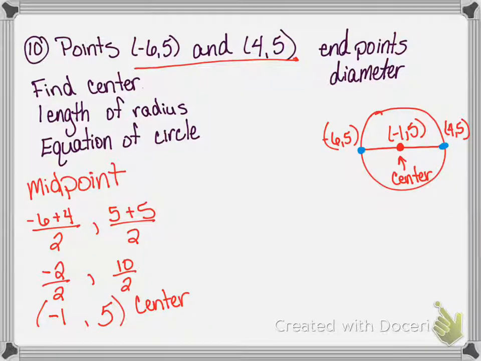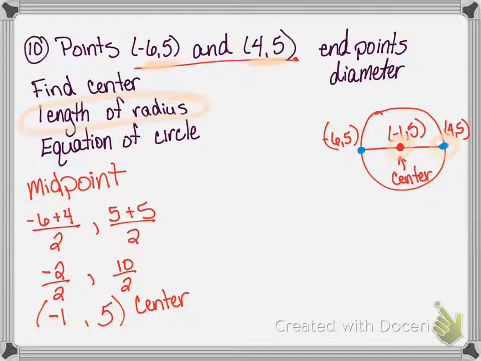Okay, now I need to find the length of the radius. Now, when I was working this out a few minutes ago, I found the length of the diameter. So I plugged these 2 points into the distance formula, and then I had the length of the diameter, and then what did I have to do? Divide by 2. However, could I have put in my center and an endpoint and then gotten the length of the radius?